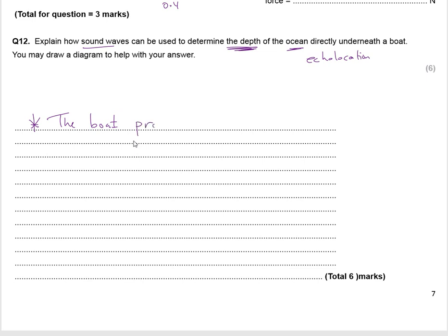The board produces sound waves, which travel through the sea and get reflected off the ocean bed.